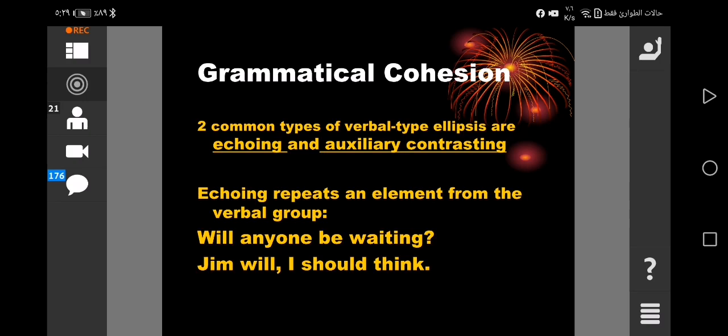So, will anyone be waiting? Jim will, I should think. What is ellipted?